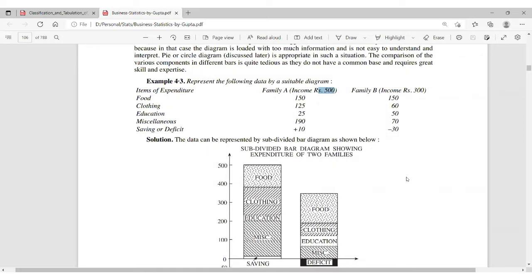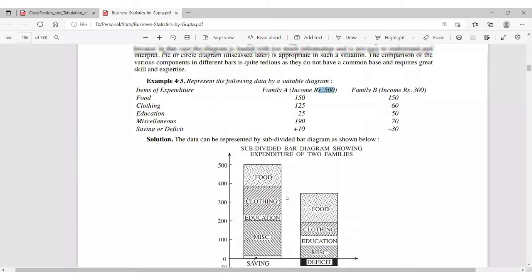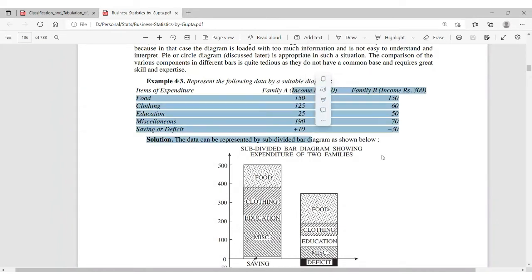Now we make a rectangle of 500 because the income is 500. If we add 150, 125, 25, 150, 300, 300 and 200, the income comes to 500.